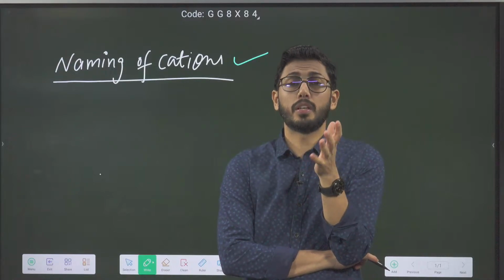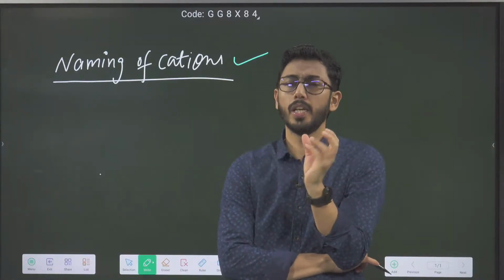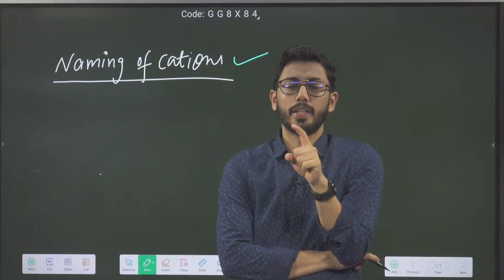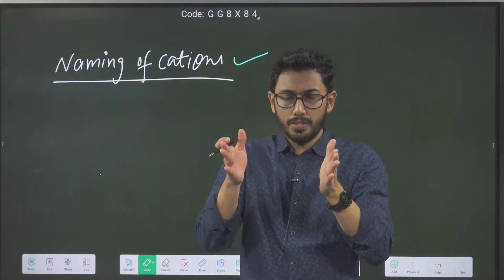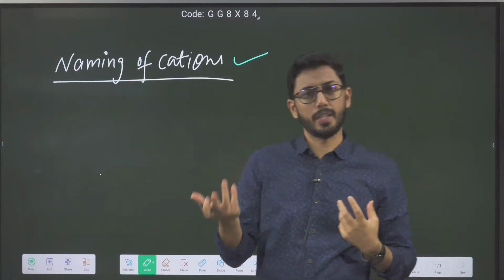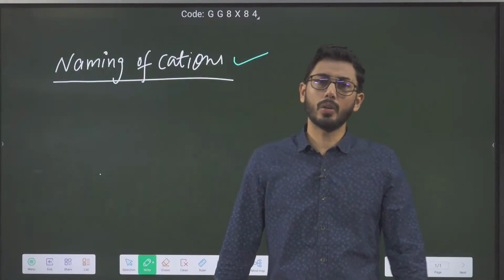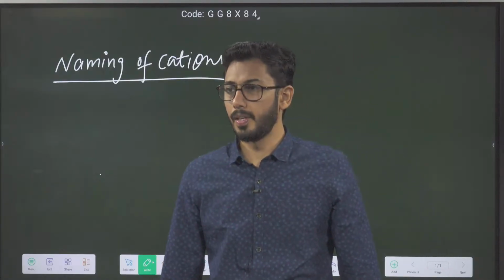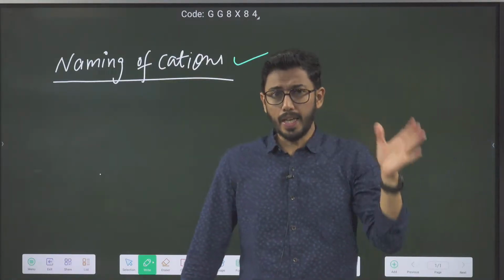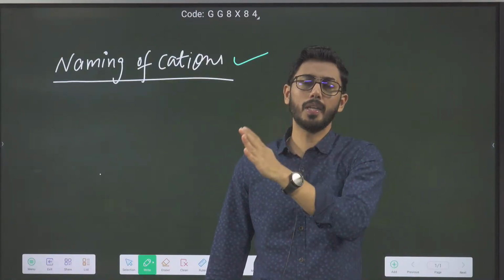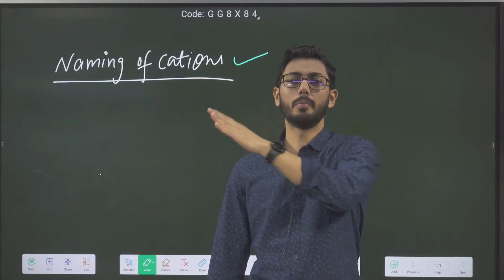Oxyacid means which contains oxygen, hydrogen and some other element, non-metal generally, and they contain at least one OH bond. So when H plus is released, that becomes which nature? Acidic nature. So oxyacid, the term will be either oxoanions or oxyanions. If parent acid is ic acid, its anion will be ate. If parent acid is ous acid, its anion will be ite.